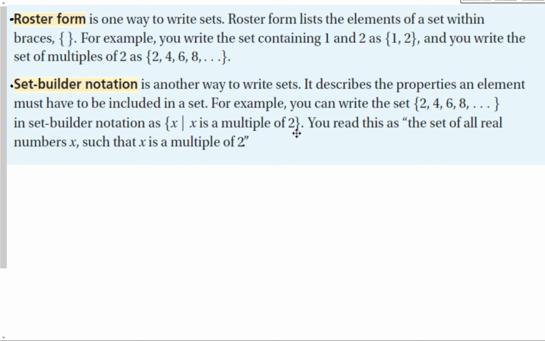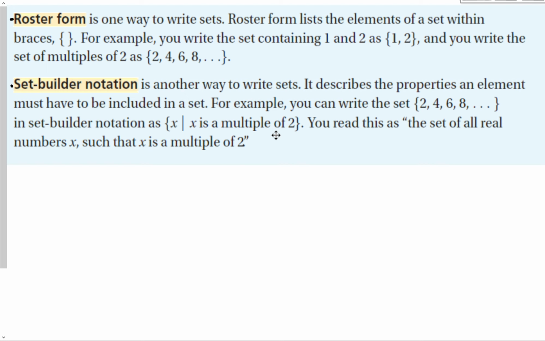We read it as the set, that's what the braces mean, of all real numbers x such that, so that's what this x right here means. It indicates that that's our variable. This line up and down means such that, and here's what it tells me x is doing. x is a multiple of 2.